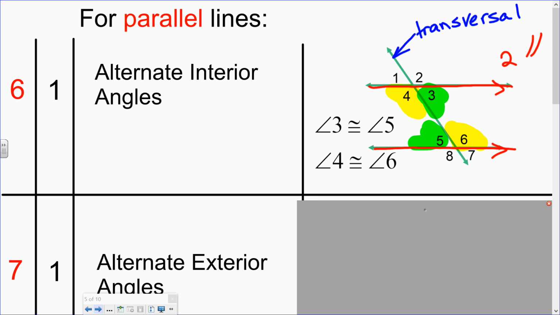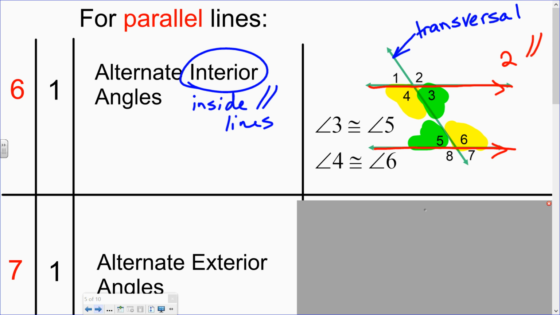So interior means inside the parallel lines. So 3, 4, 5, and 6 are the ones that are inside the parallel lines. 3 and 5 are both the acute angles, and that's the same measure. And 4 and 6 are the obtuse angles that have the same measures as each other.